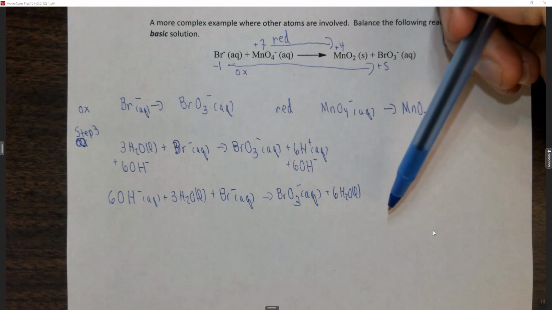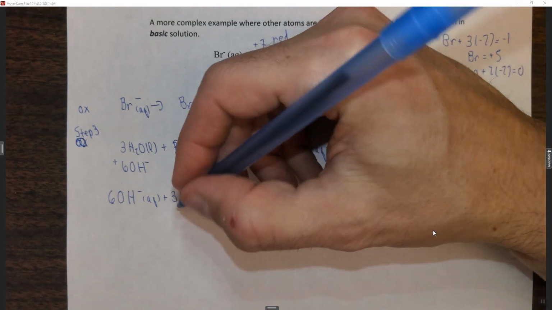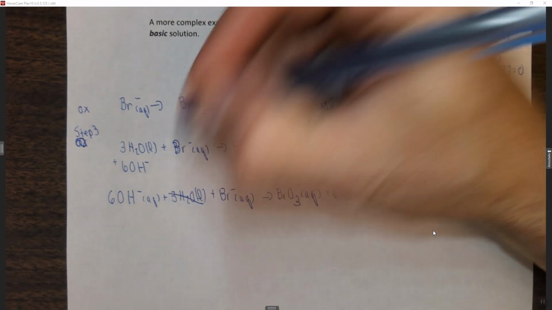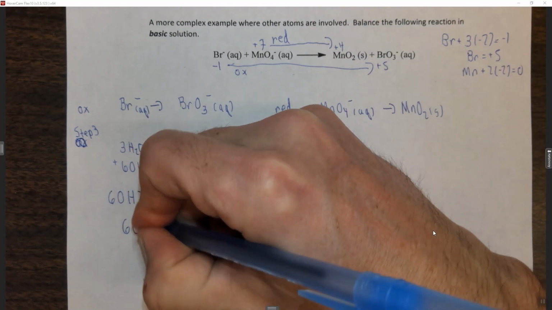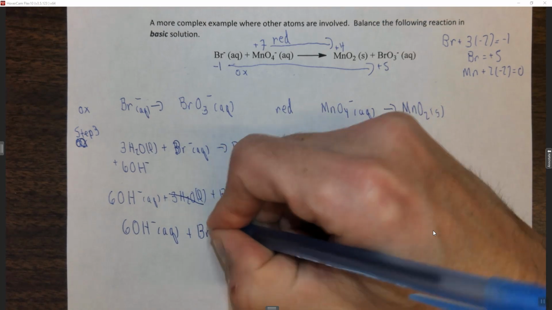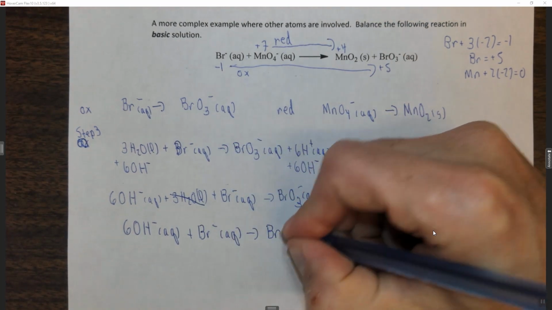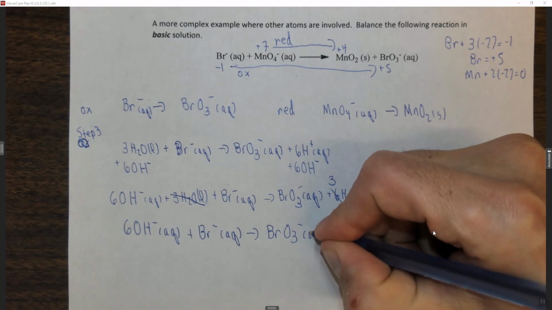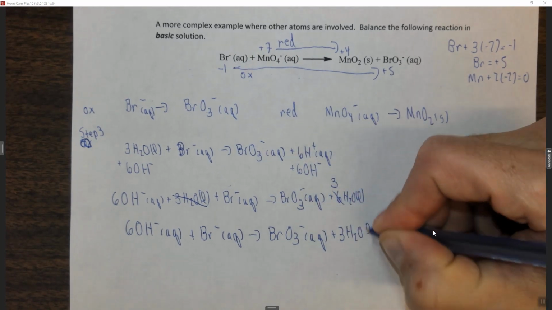Then we can go ahead and cancel out the waters. Since there's 3 on this side and 6 on this side, we end up with 3 waters. So ultimately, we have 6 OH⁻ aqueous plus Br⁻ aqueous yields BrO3⁻ aqueous plus 3H2O liquid.